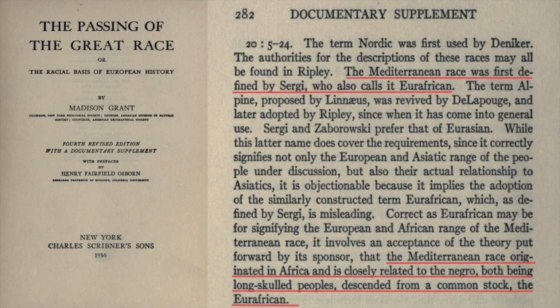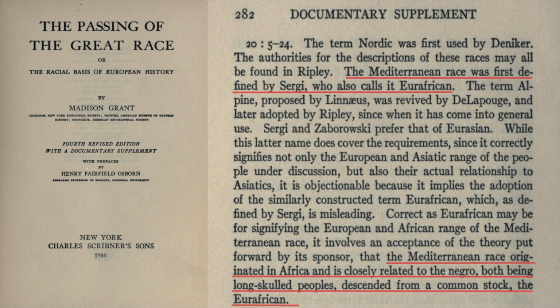So that's very interesting. Here's a book called The Passing of the Great Race. In this section on page 282, it talks about the Euro-African and the Mediterranean race, and it says the Mediterranean race was first defined by Sergi, who also called it Euro-African.